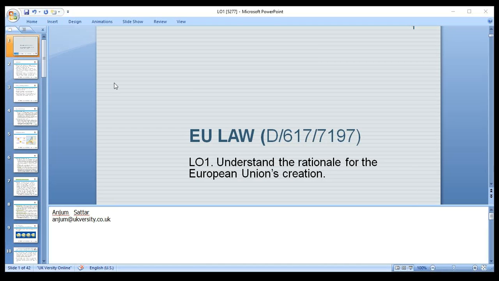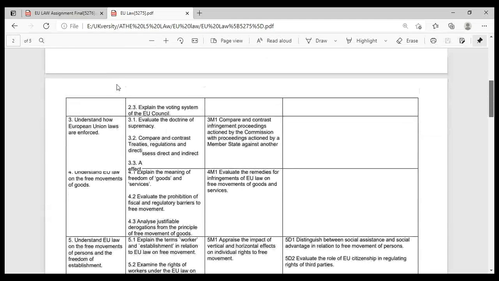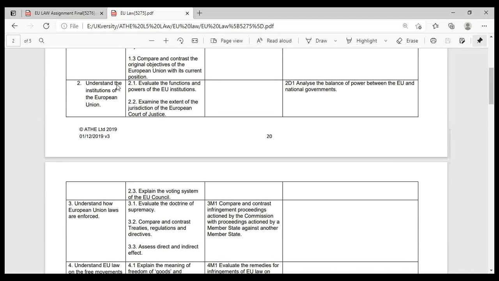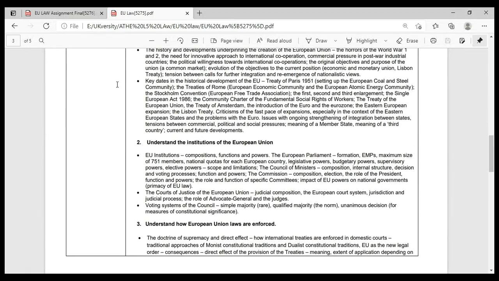That's all for today's lesson, and the next lesson will go through LO2, which will be the focus. Before the next lesson, please look at some elements of LO2, because it's always good to do a bit of five to ten minutes of research before the lesson. The next lesson is to understand the institutions of the European Union, evaluate the function of each and the Court of Justice, then we'll go through the balance of power between these governments, and explain the voting system within the EU.